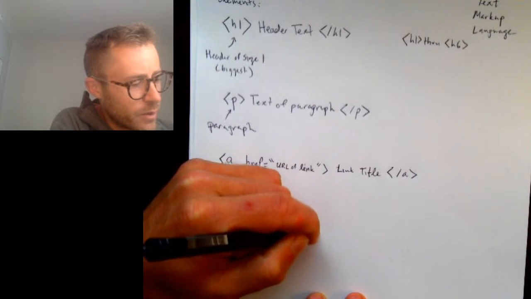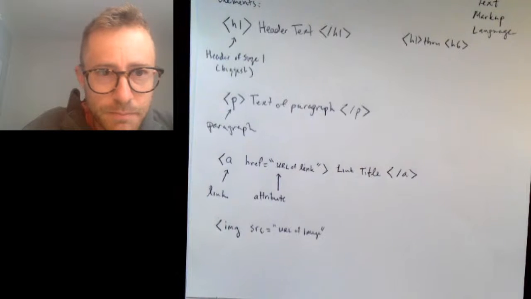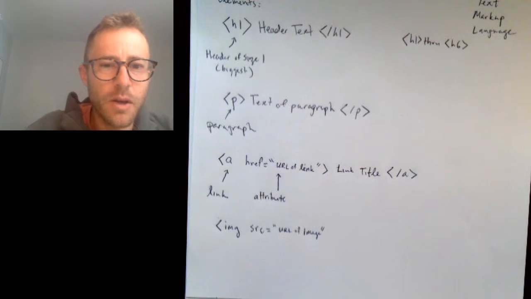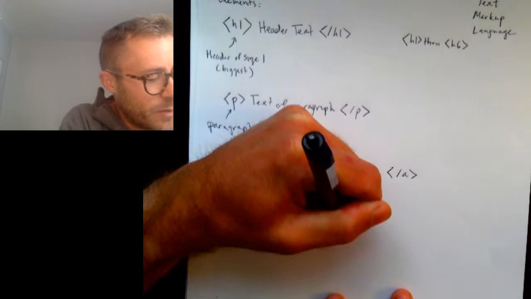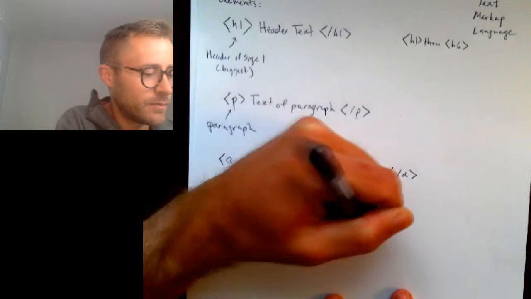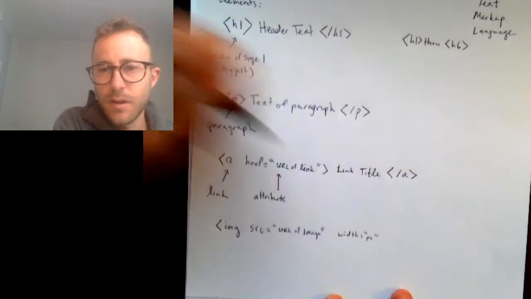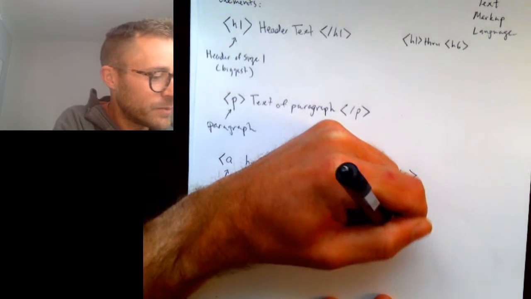You could also put the file path to the image. Okay. And then you could put the width of the image in pixels, height of the image in pixels.